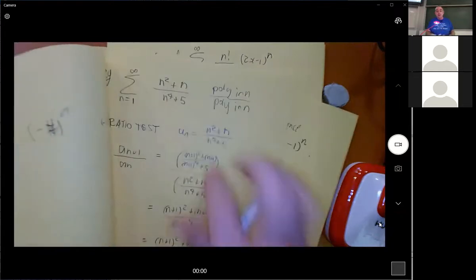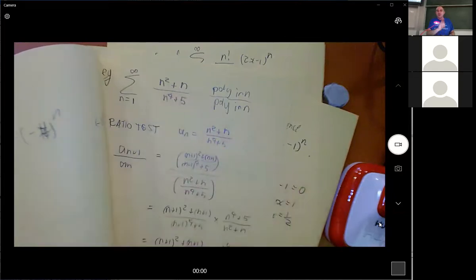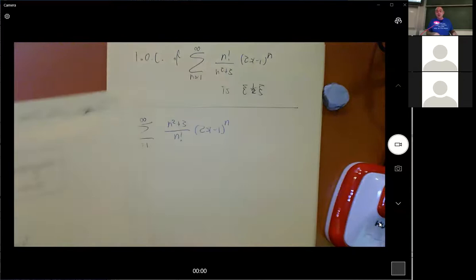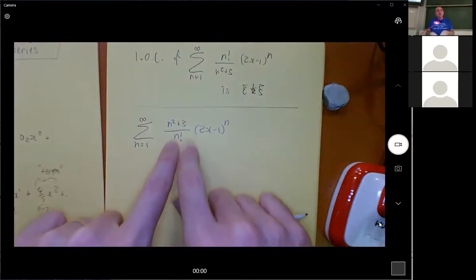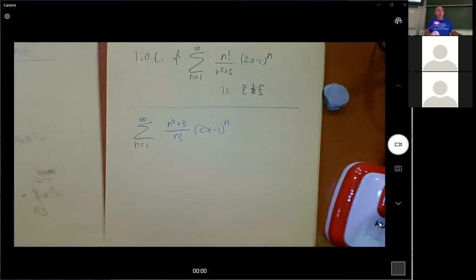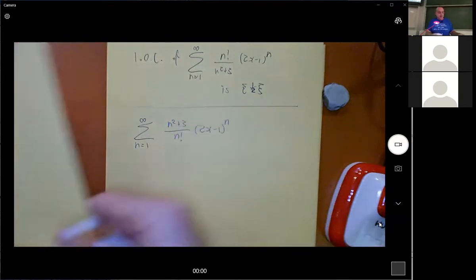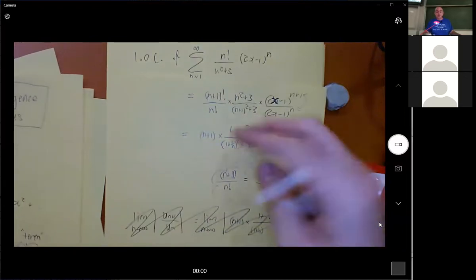Yes, but only if I put an x to the power of n here. If there are no x's, it can't have an interval of convergence because it's not a power series. I'm only going to talk through this one. It would be exactly the same as the other one, but the two fractions would be upside down.